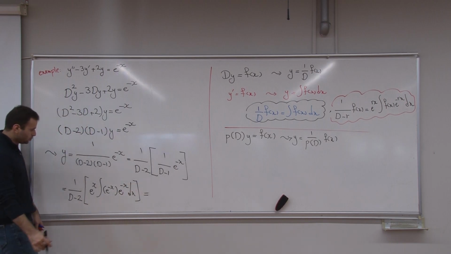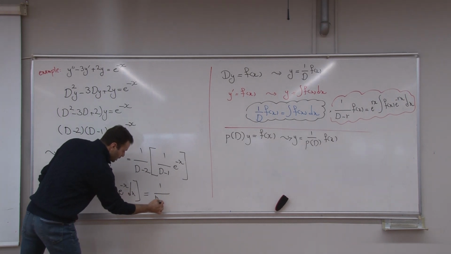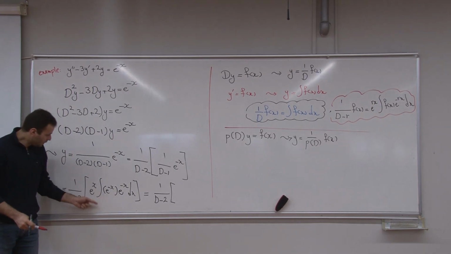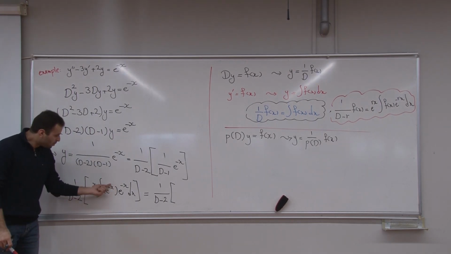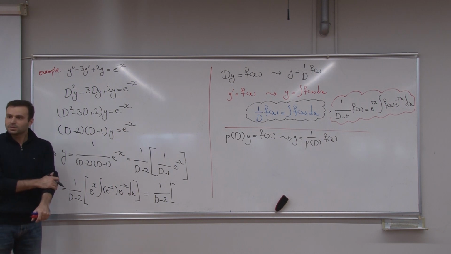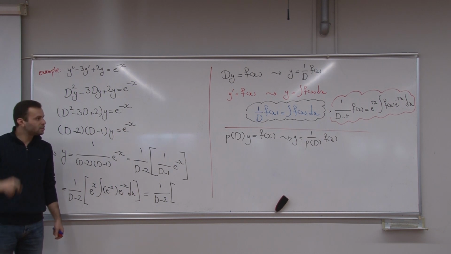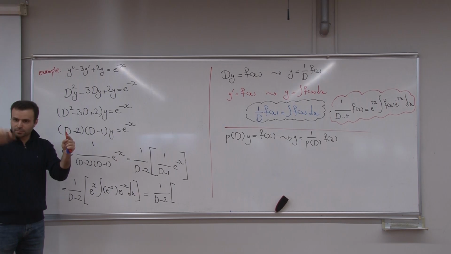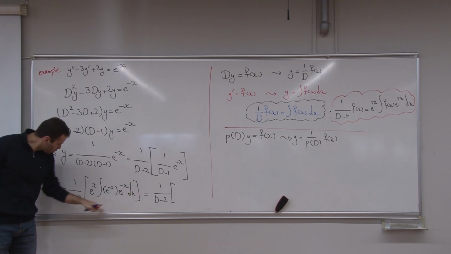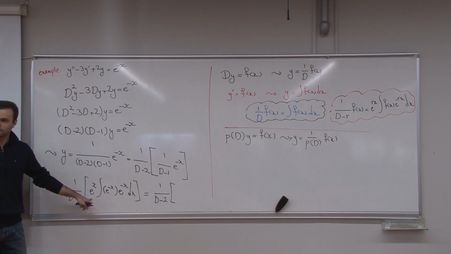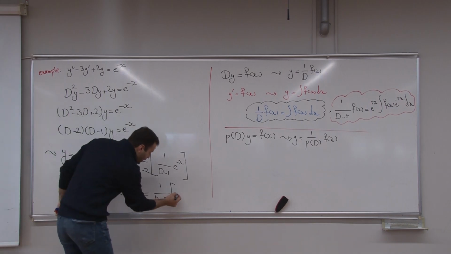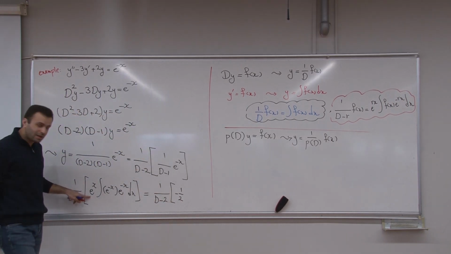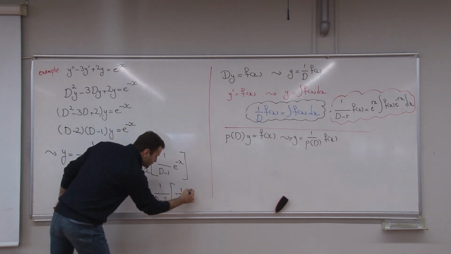And what is this going to be equal to? The integral of e to the power of minus 2x. And what is the integral of e to the power of minus 2x? Minus 1 divided by 2 e to the power of minus 2x. It is going to be multiplied with this e to the power of x. So we have minus 1 over 2 of e to the power of minus 2x multiplied by e to the x. So it is going to be e to the power of minus x.